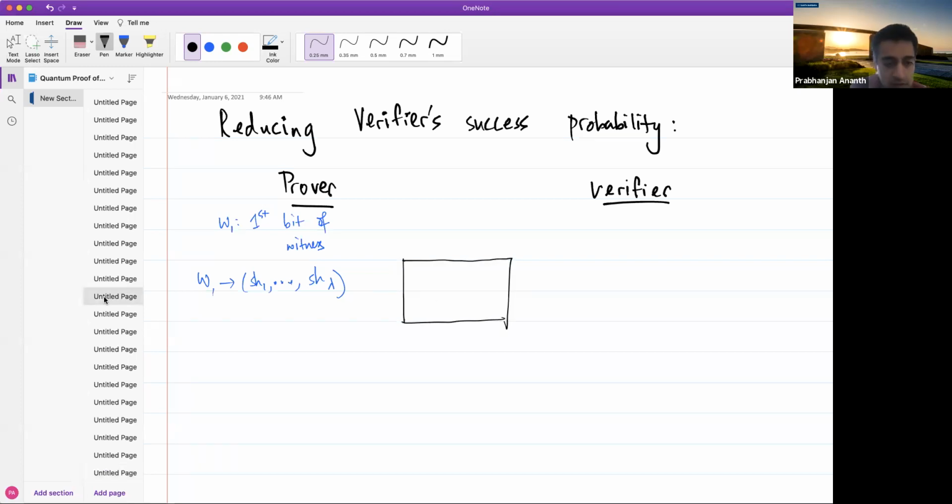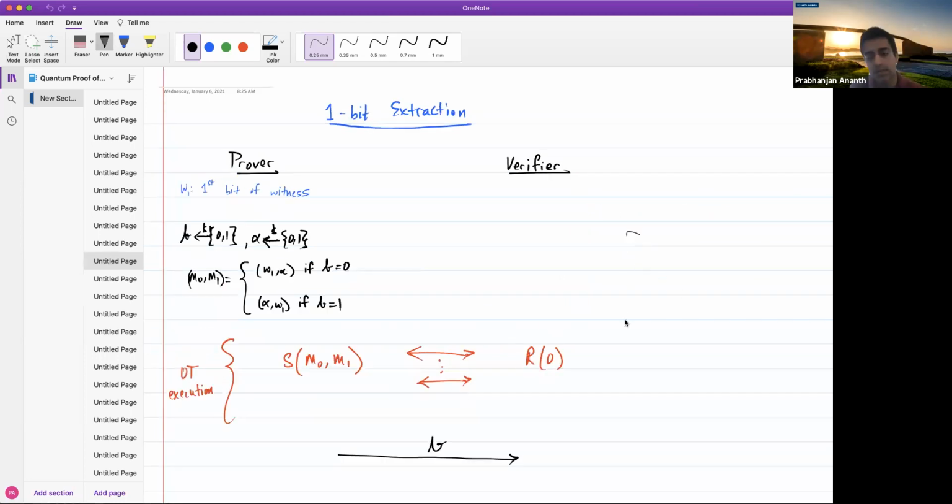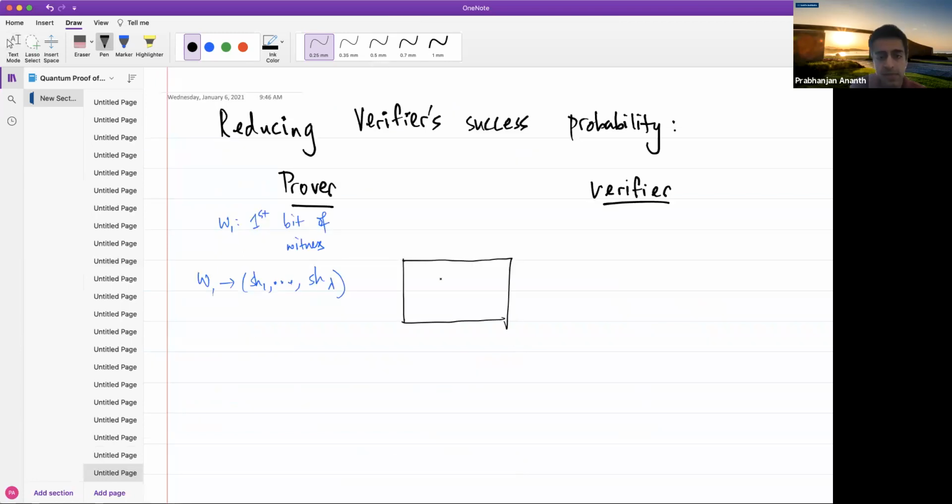Which protocol? Well, this protocol, right? Let me call this protocol pi mini. So it's going to run this pi mini protocol, where in the first invocation of pi mini the prover inputs SH1. And then it runs pi mini again. In the second invocation, it inputs SH2 and so on.